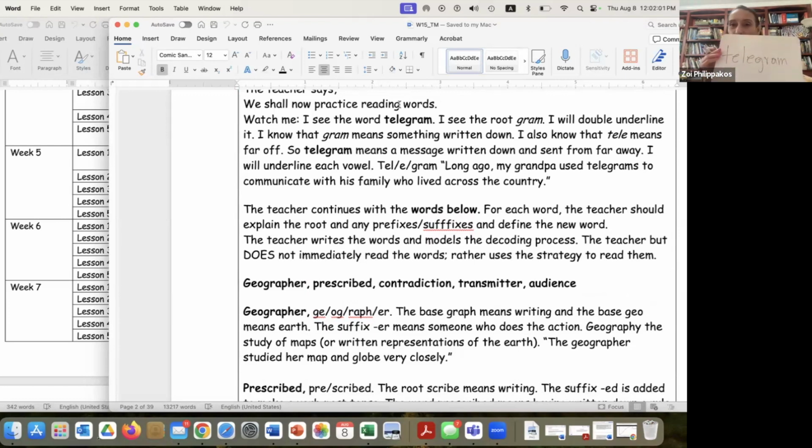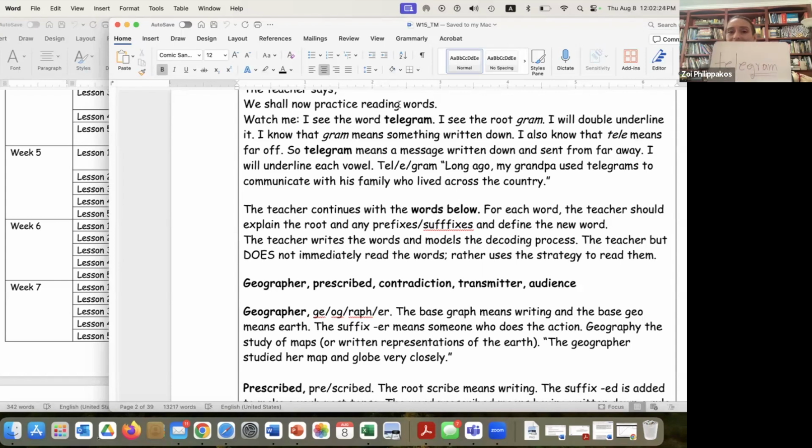I see the root gram. I will double underline it, gram. I know that gram means something written down. I also know that tele means far off, far away. So telegram means a message that's written down and sent from far away.